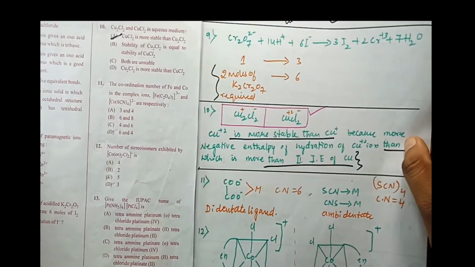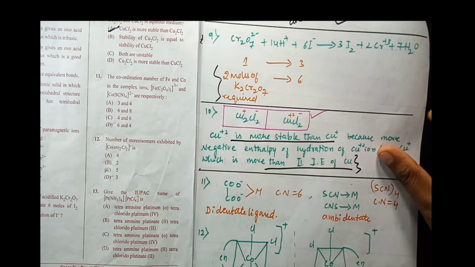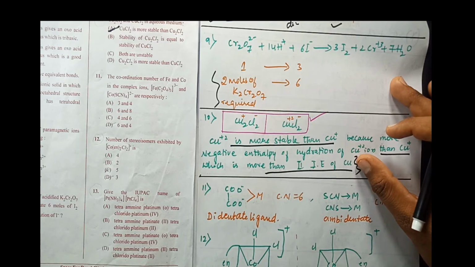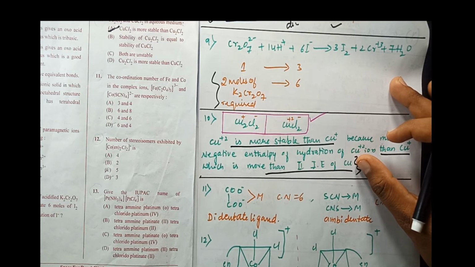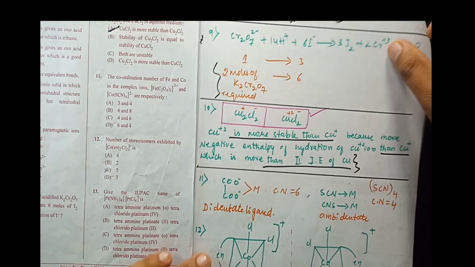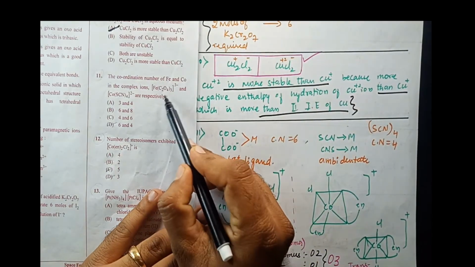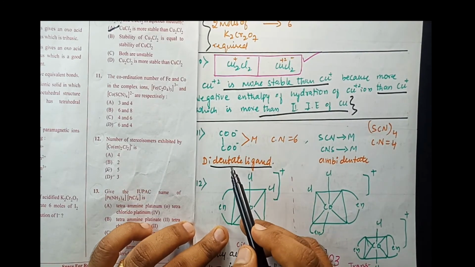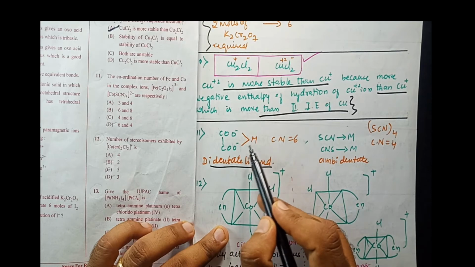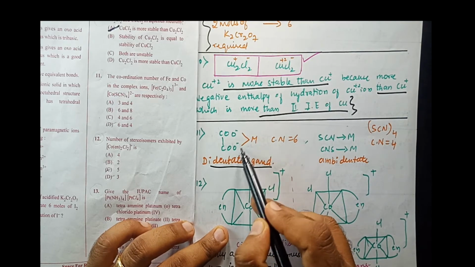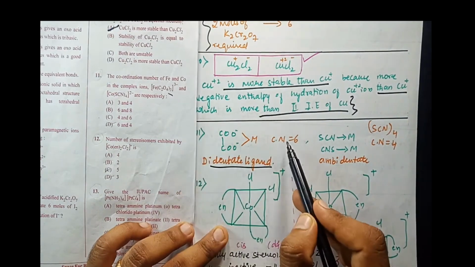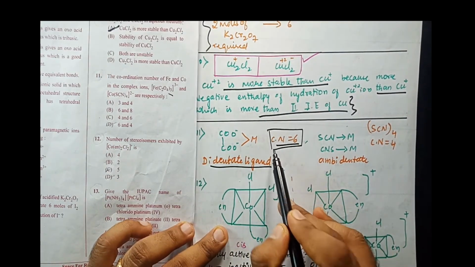So let's move on to the 11th question. The coordination numbers of iron and cobalt in the complexes [Fe(C2O4)3]3- and [Co(SCN)4]2- respectively are, look here friends, C2O4 is a bidentate ligand, the oxalato ligand, which bonds to the central metal atom with 2 bonds, that is, it can donate 2 lone pairs of electrons, so 2 into 3 is 6, the coordination number is 6.